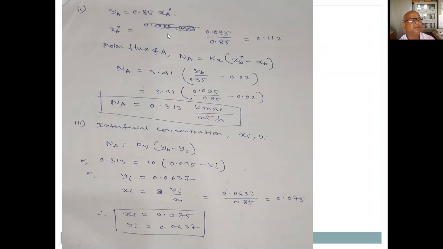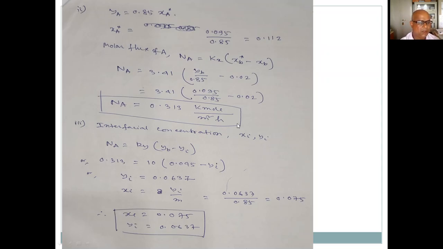We know that Y_AB, that is 0.095, divided by 0.85. What is the equilibrium value of this gas phase concentration? That is 0.112. Okay, so I'm putting that directly, x star equal to this by this. So with this value, the flux you can calculate, that is 0.313 kilomole per meter square.